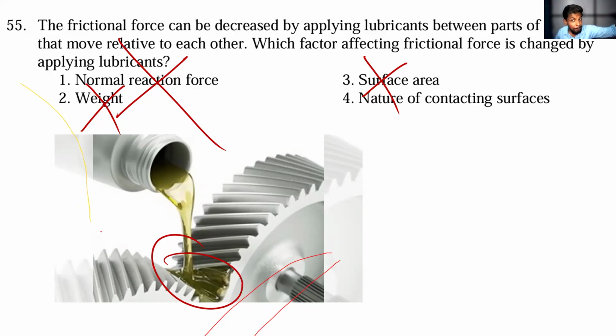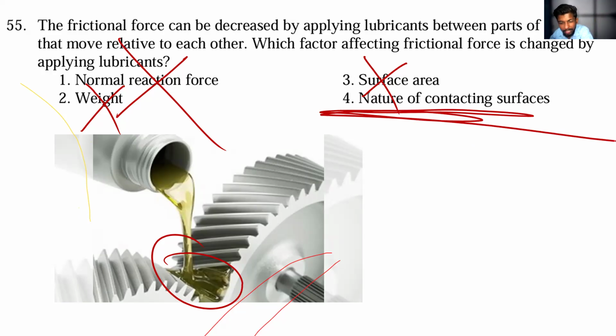But when you're applying the oil, you're changing the nature. Did you understand, Pallav? So from this question, we have learned two things. First one, what are the factors affecting the frictional force? First one, the nature of the surface.